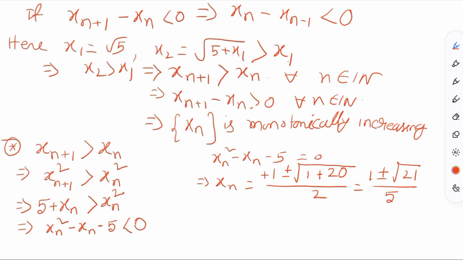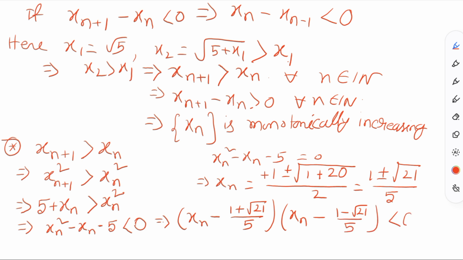So from this line you can write xn minus (1 plus root 21)/2 into xn minus (1 minus root 21)/2 less than 0.